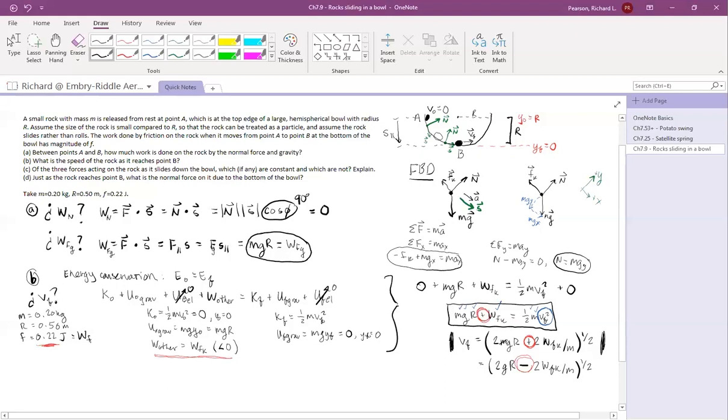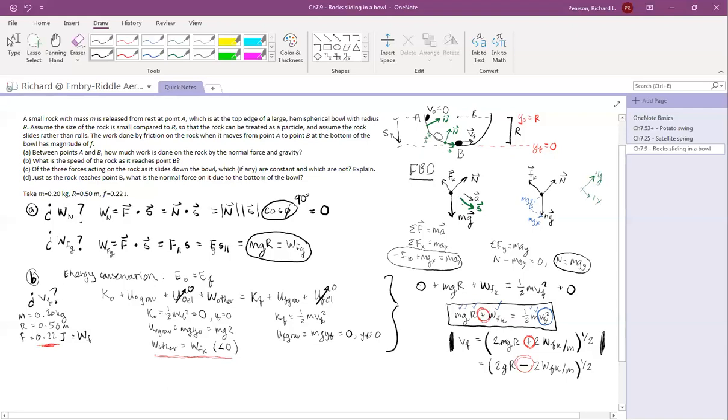So the question that we have to think about then is, what is happening to each of these forces? Let's look at mg. Is mg constant as the rock slides down the bowl? And the answer is yes.